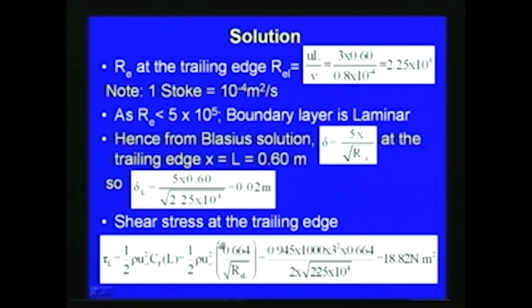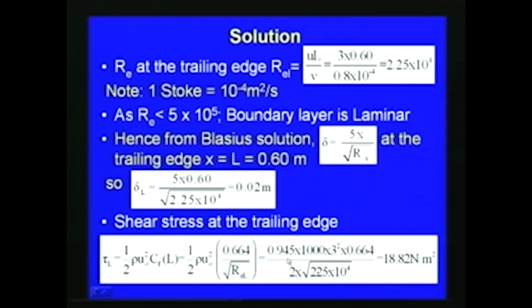And now, the second problem here is to find out the shear stress at the trailing edge. To find the shear stress, we have already seen this equation: tau_L is equal to half rho U infinity square C_fL. Here the C_fL we have already seen, 0.664 into square root of Re_L.